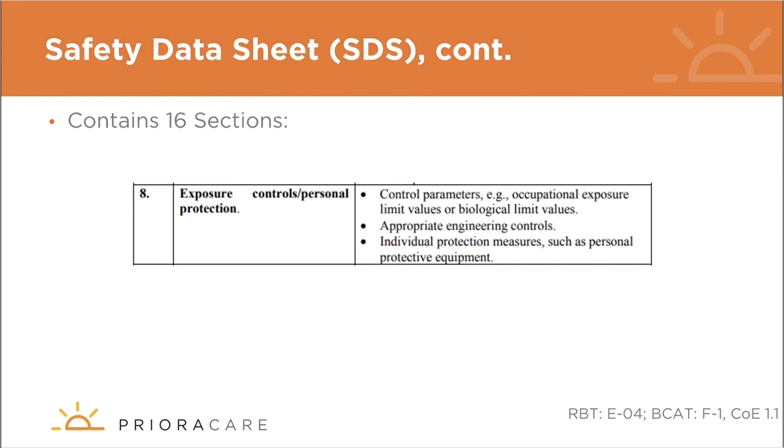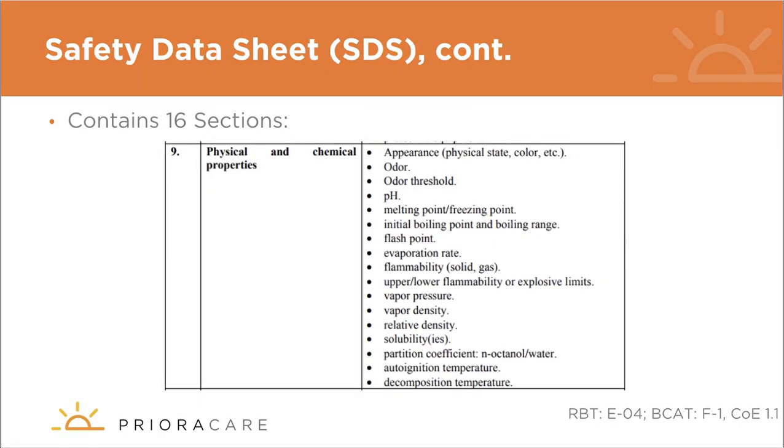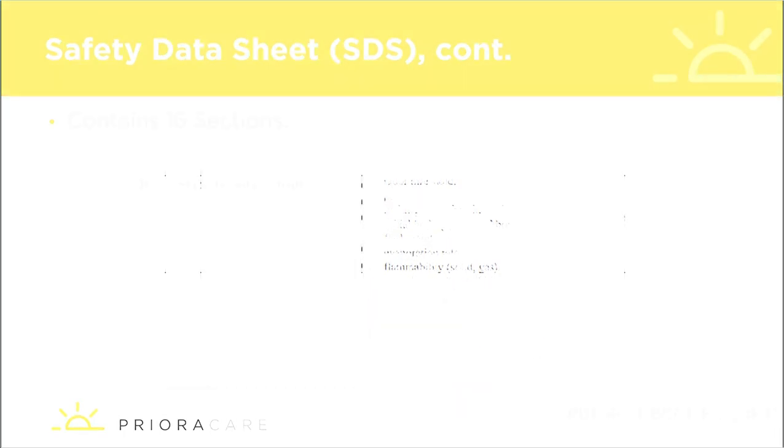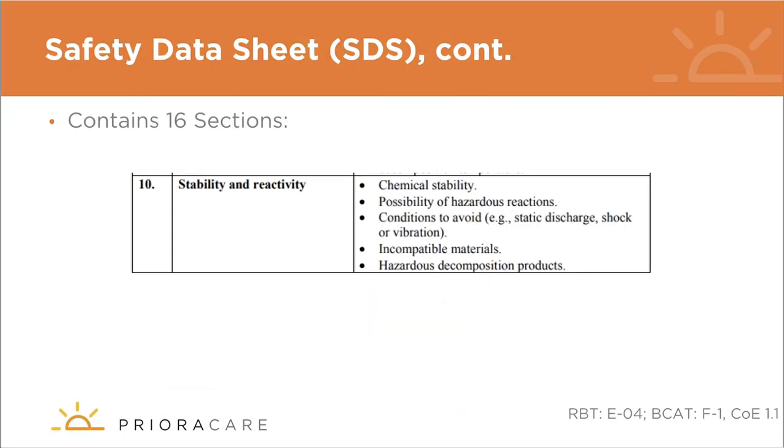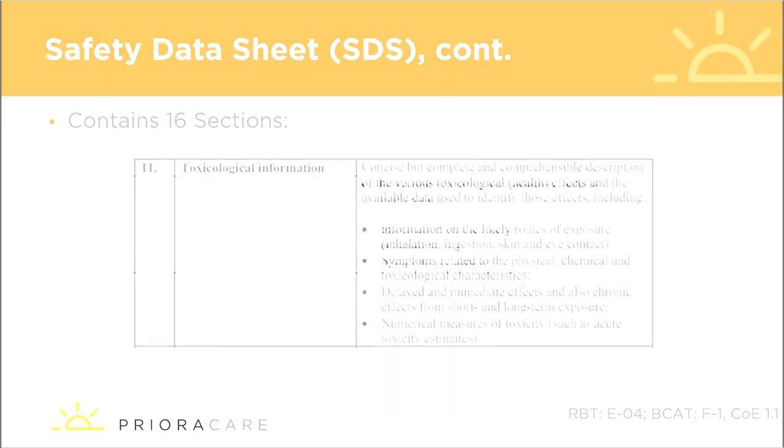The eighth section is on exposure controls and personal protection. The ninth section describes the physical and chemical properties of the hazardous material. The 10th section describes the chemical stability and reactivity. The 11th section gives toxicological information.